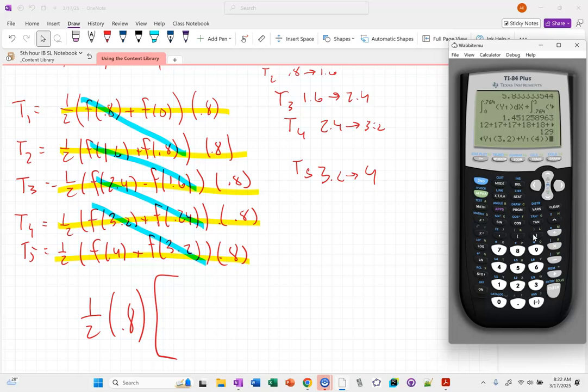Again, notice 0 and 4 only get used once. That's why I don't have 2 times those ones. And I just press enter. That should be my answer, 18.1-ish.